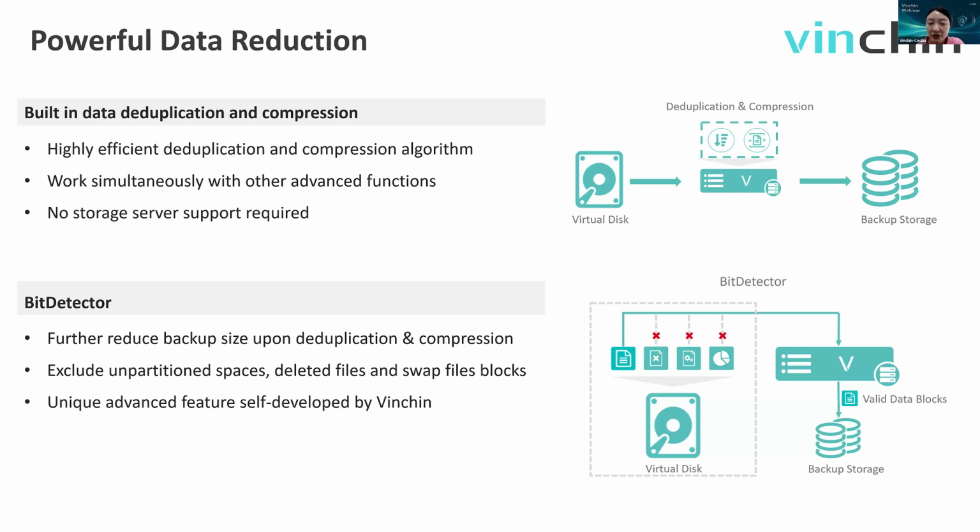And bit detector is Vinchin's unique self-developed function to further reduce the backup size. So when enabling the bit detector, the detected file blocks, the swap file blocks, and the allocated file blocks will all be excluded and only backup the 100% valid data blocks.